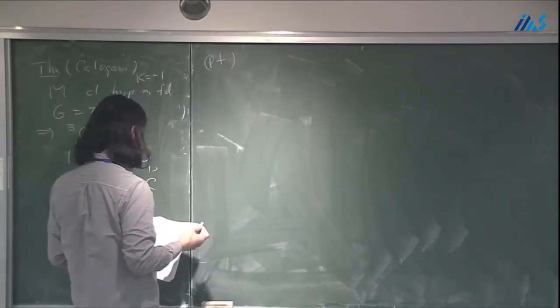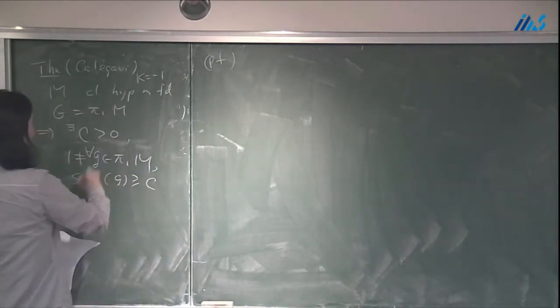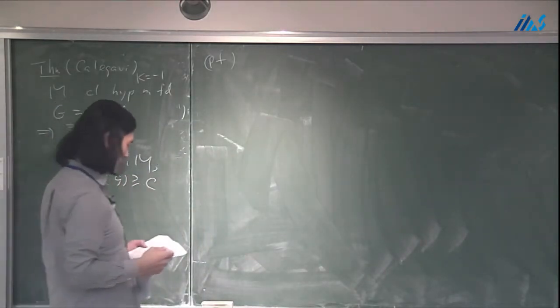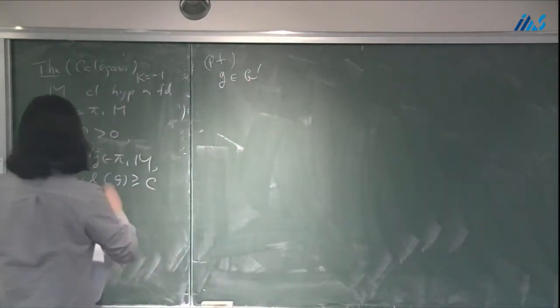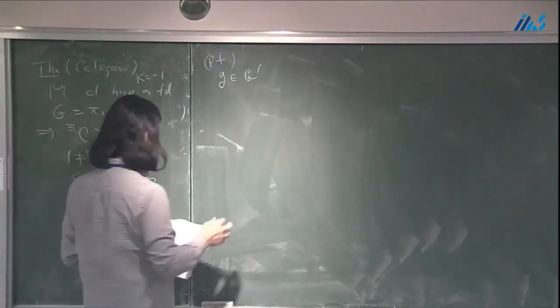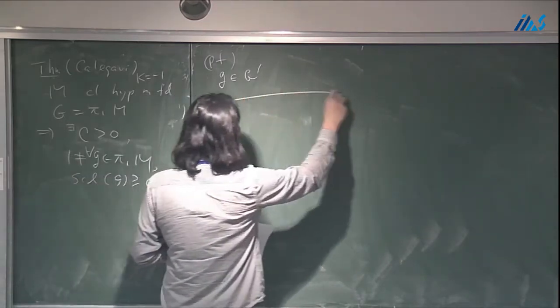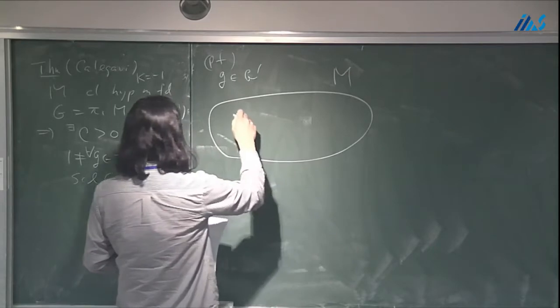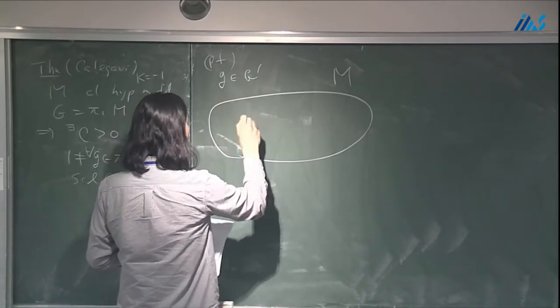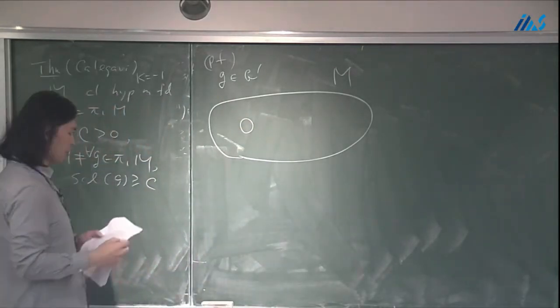Then it's clear what's behind the positivity of stable commutator length. You have an element in the commutator subgroup, and here you really have a manifold. It's non-trivial, so I realize it by a closed geodesic.